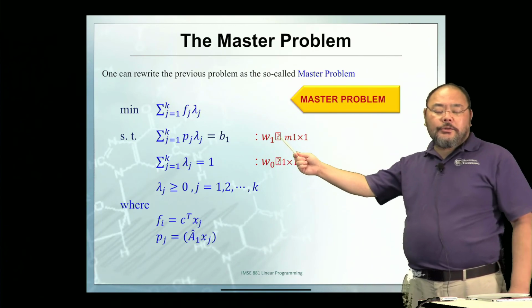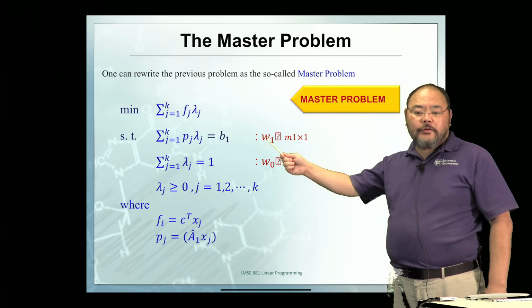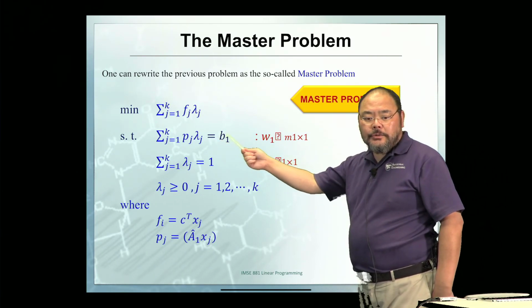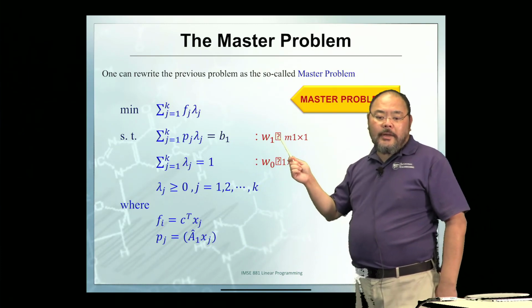What I'm trying to do now is find omega, the corresponding dual variable for the master problem. Omega corresponds to the original A1 constraint, and we call it omega 1.